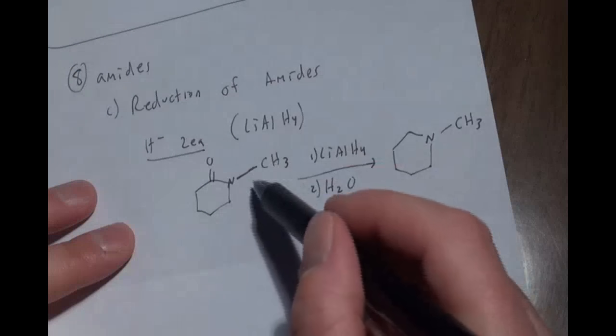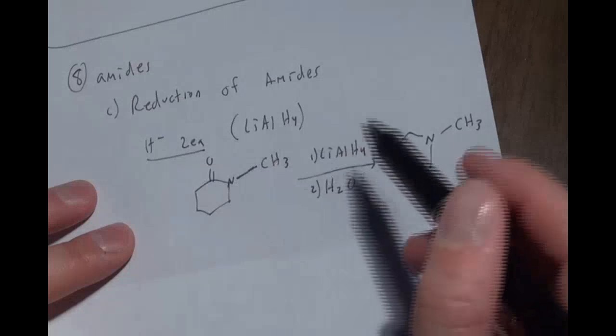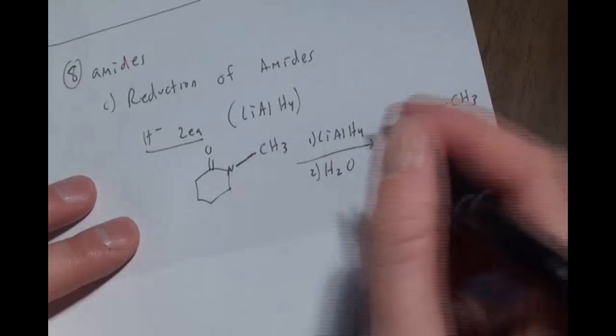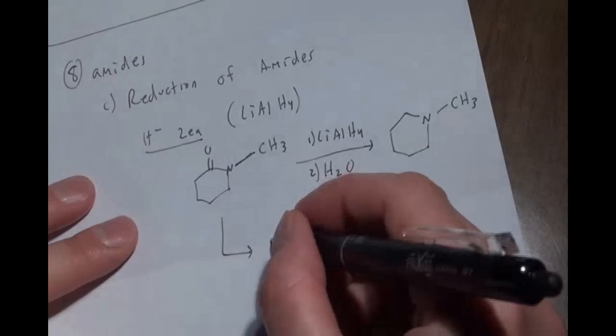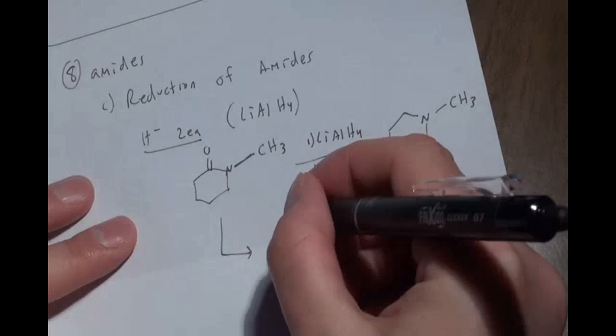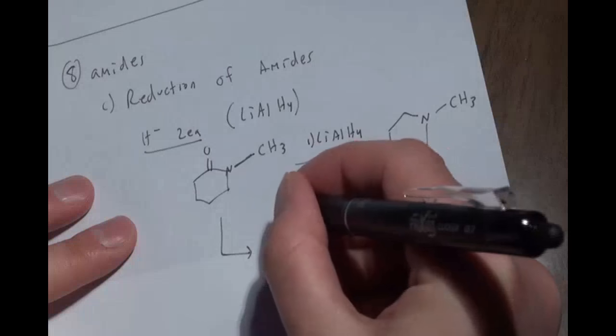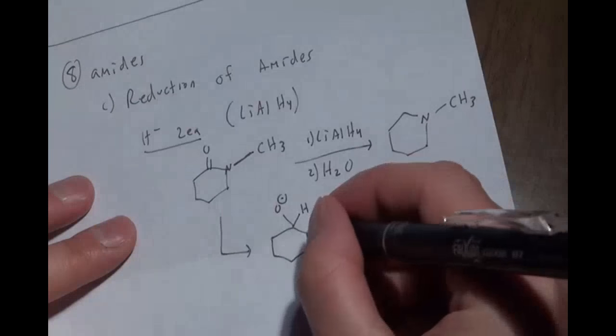Rather than that, what we found is that the H- attacks, and then the nitrogen kicks off the oxygen. So without doing the full mechanism, I'll just draw that part. H- attacks. We did the full mechanism last time. There's the H, and there we have the nitrogen.